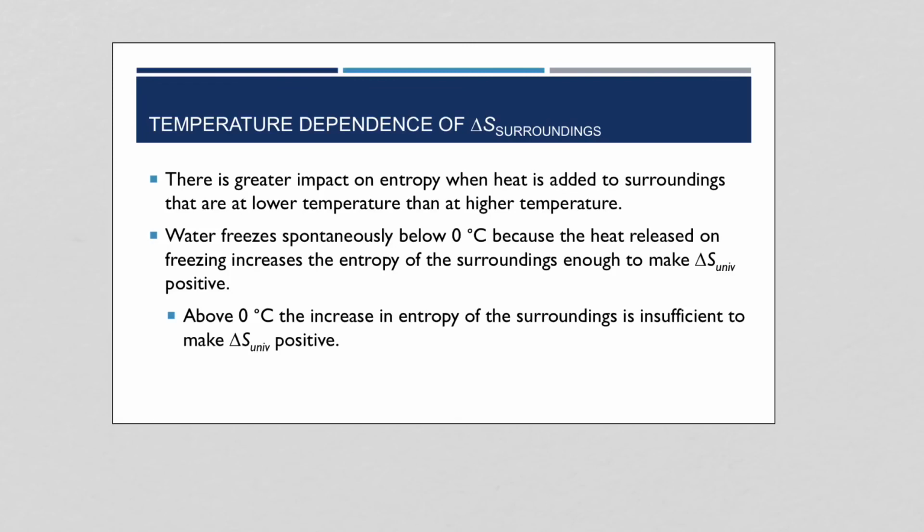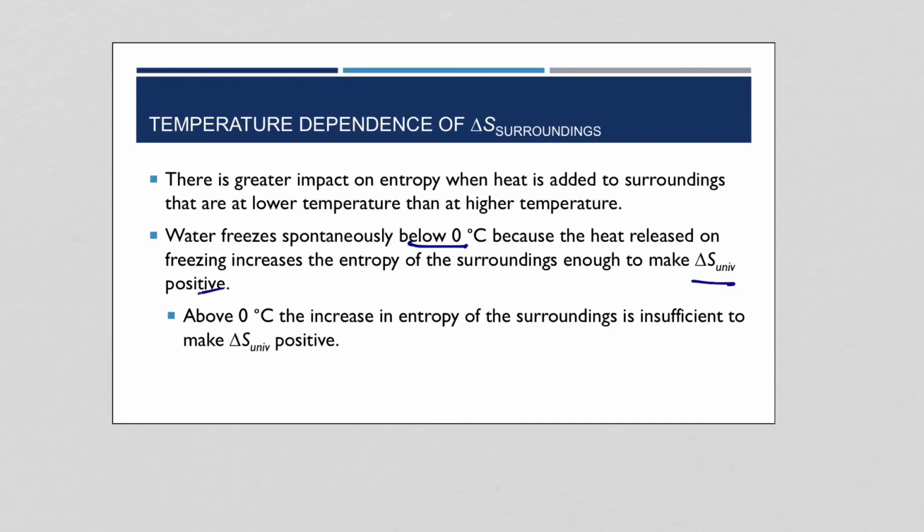Now, we saw this example before, but just to reiterate: water freezes spontaneously below zero because the heat released on freezing is enough to increase the entropy of the surroundings enough to make delta S of the universe positive.